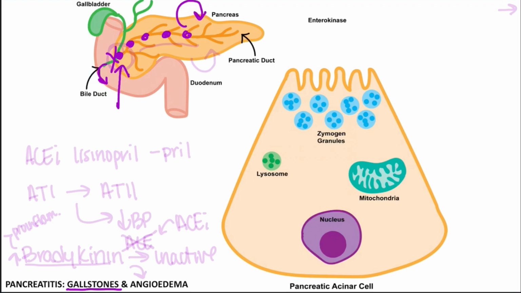One example would be the angiotensin converting enzyme inhibitors, or the ACE inhibitors, like lisinopril, or the other agents that will similarly end in PRIL. These inhibit the conversion of angiotensin 1 to angiotensin 2, and this will lead to downstream blood pressure lowering effects.